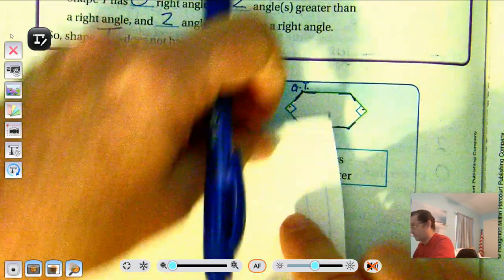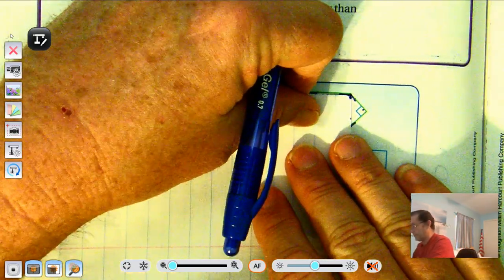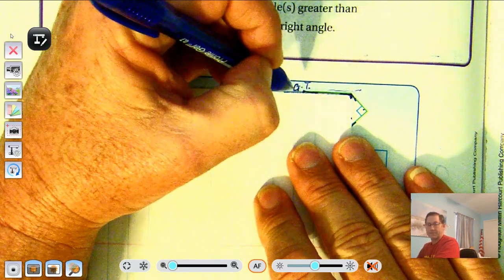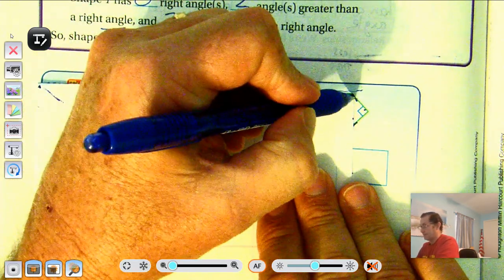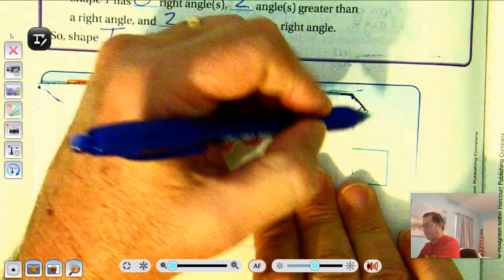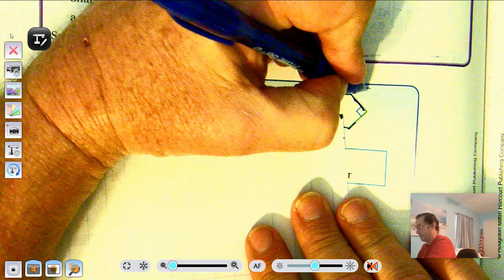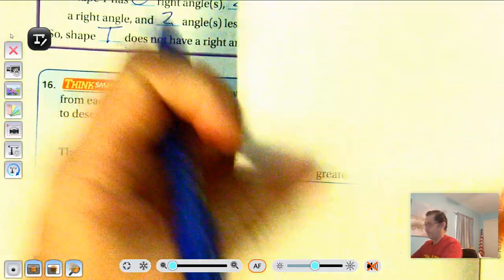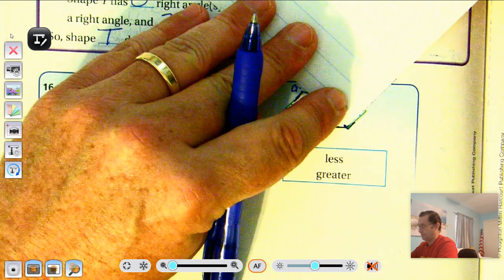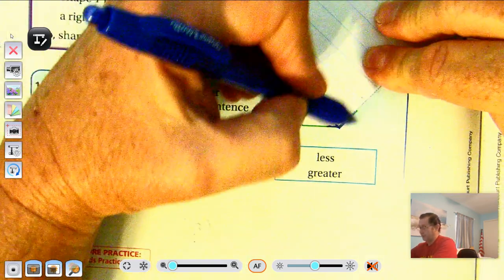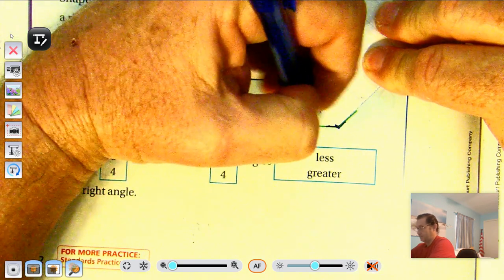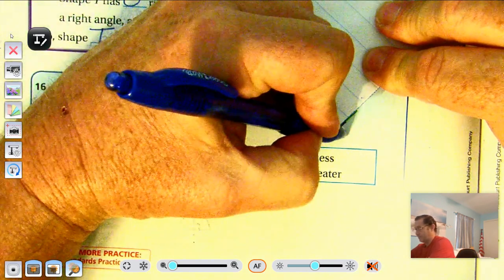Let's do this corner. Okay, the edge of the paper goes across the top of this angle, and I can see the other side of the angle off of the paper, so that's greater than. Let's do the bottom one. So I see the green edge of the angle, and the other side of the angle is off the paper, greater than.